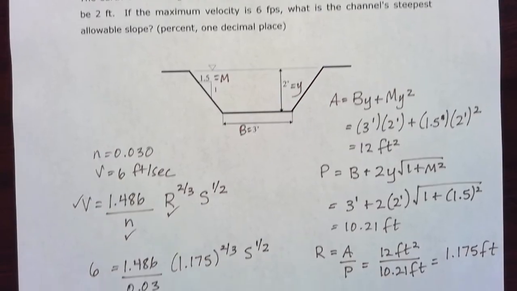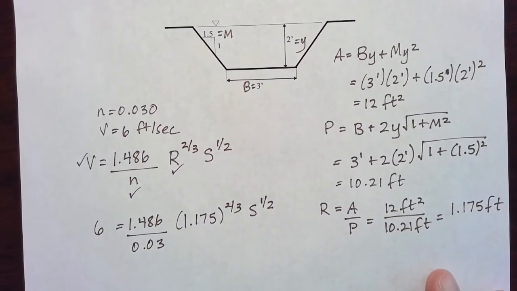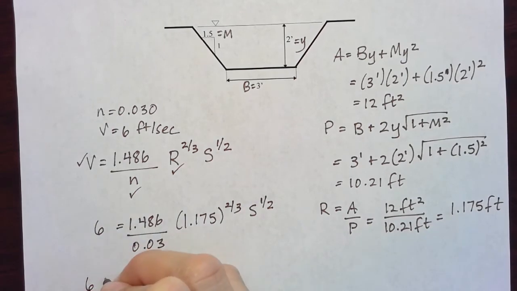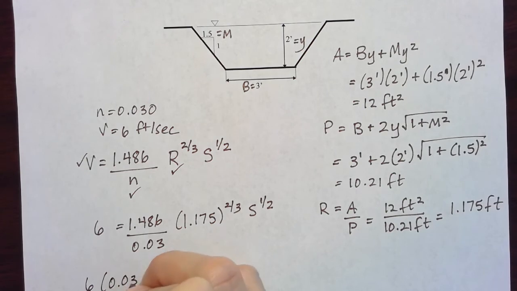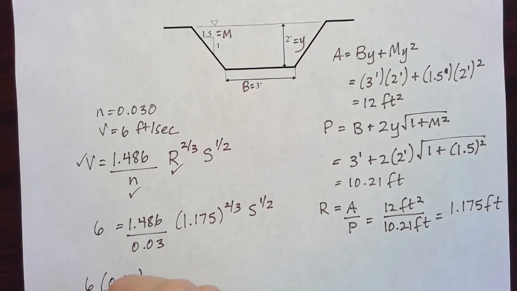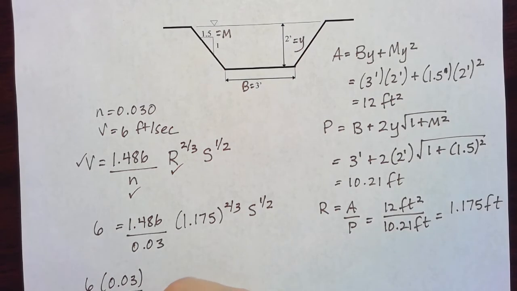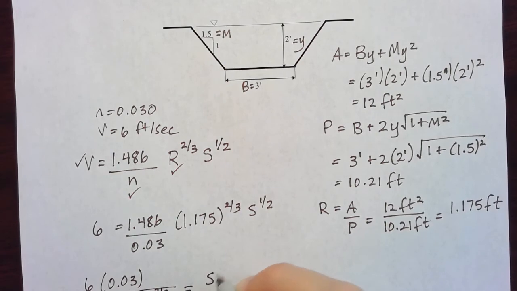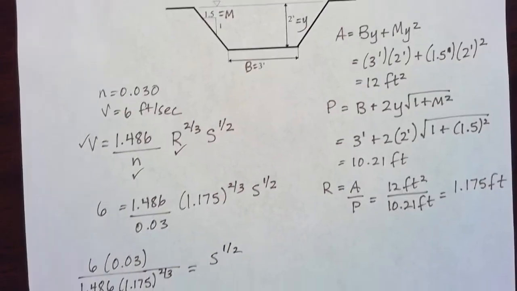Now let's move some numbers around so we can solve for s. I'm going to take that 6 and multiply it by that Manning's n, and then divide it by the conversion factor there, as well as that hydraulic radius raised to the 2/3. And we'll set all that equal to slope to the 1/2.